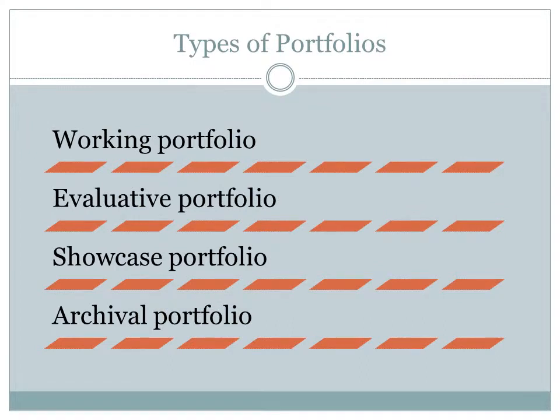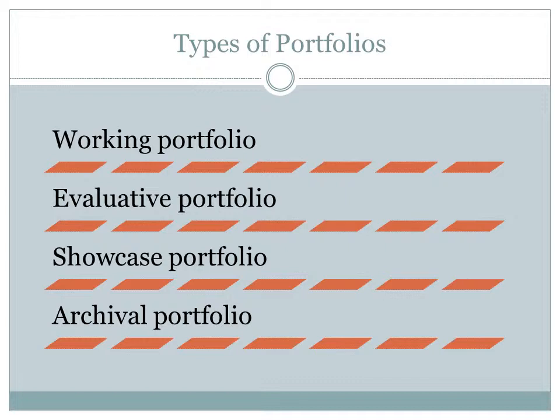There are a lot of different types of portfolios, and we'll be looking at those briefly here. A working portfolio is a collection of examples of students' work for future evaluation, so it's only used for a temporary period of time. An evaluative portfolio is used for both formative and summative assessment. It evaluates development and allows for planning.